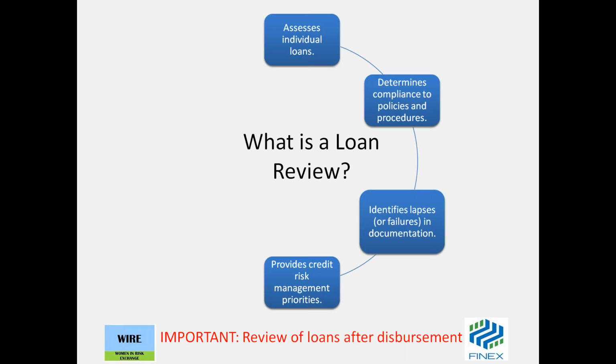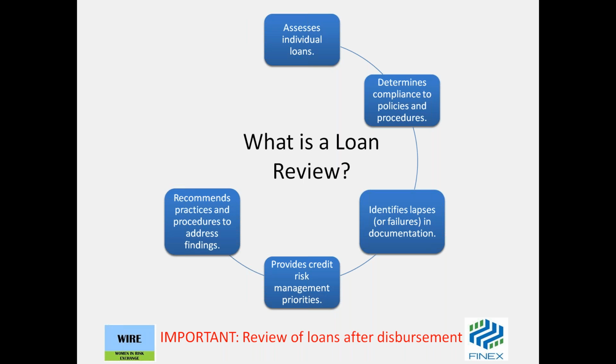That's really looking at whether the loan officer correctly underwrote and looked at the red flags or the yellow flags, asked the appropriate questions, and provided the appropriate information for the credit decision. In most institutions I've worked with, internal audit does not do this. They're looking more at compliance to policy and procedures and lapses or failures in documentation. They don't do this extra credit risk management step.